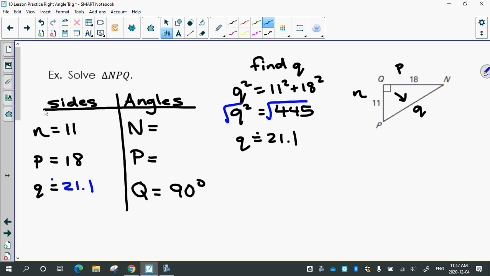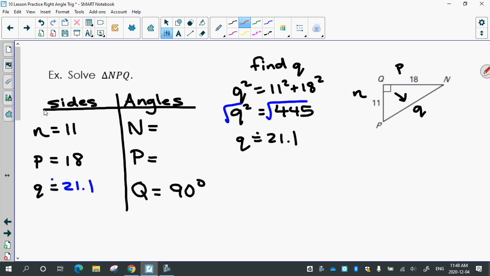All right, so now we have to find, we can choose whether we want to find angle N or angle P, because we can get the other one by subtracting from 180. So which one do you want to find? Look at your picture. You want to find P?